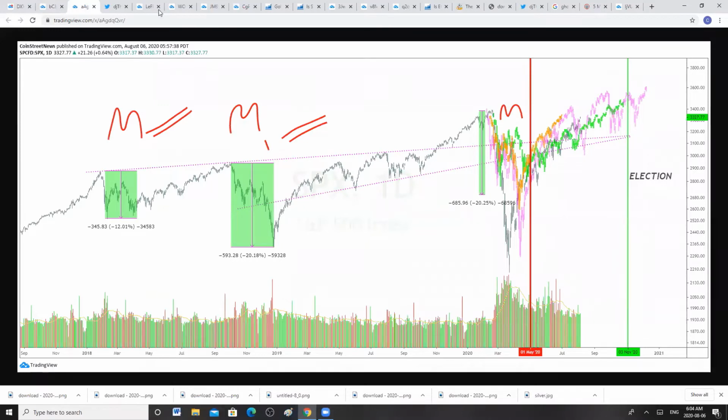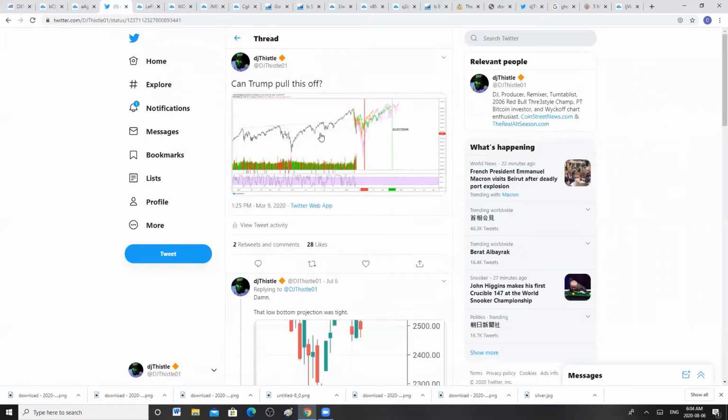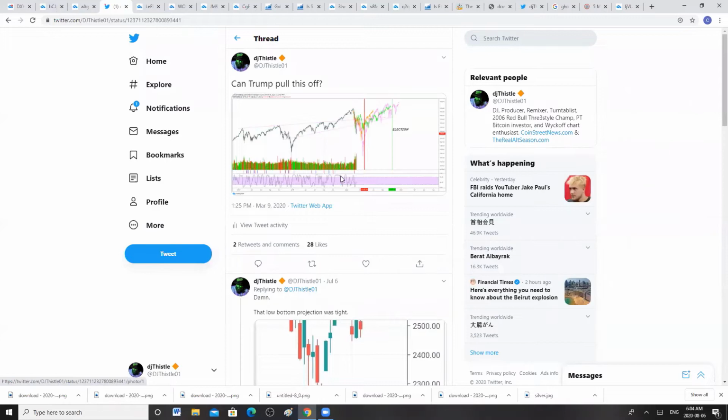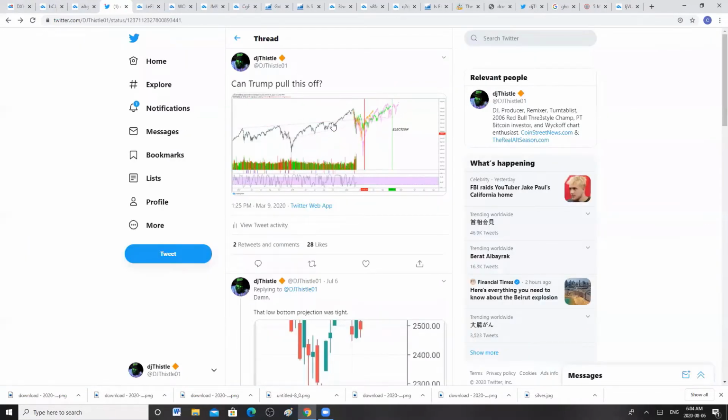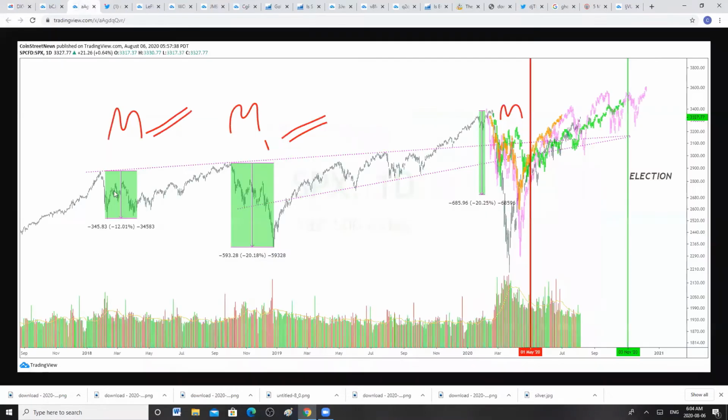Something I have found interesting was back here, on March 9th, when the sell-off started happening. I noticed this pattern, this kind of M shape and take off back up to the top.